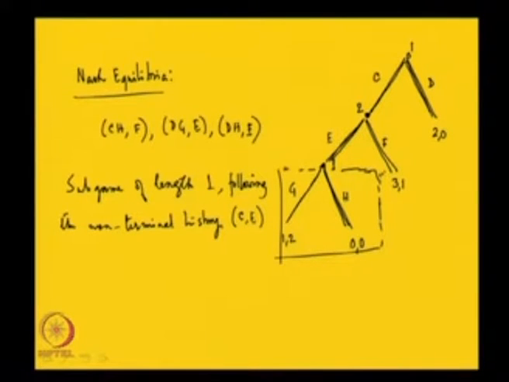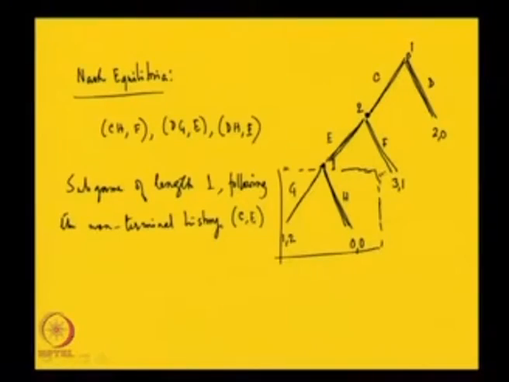So, in this subgame we have to look at the optimal action of the player who is going to move at the beginning of this subgame. Now, this player is 1 because after CE the mover is 1. Now, what is optimal for 1?